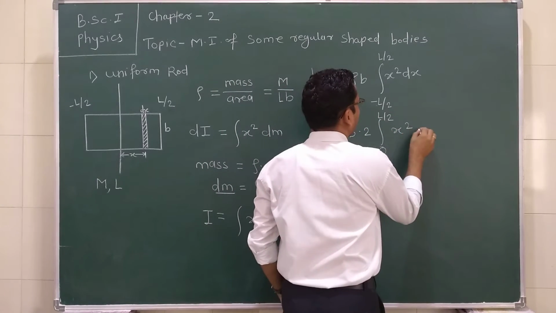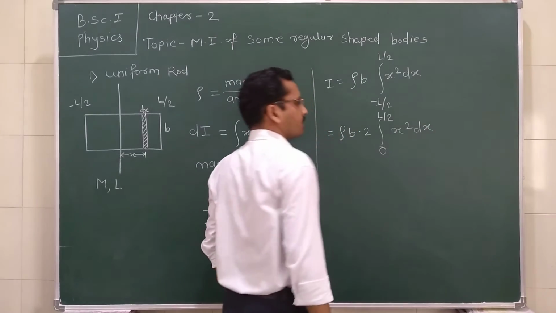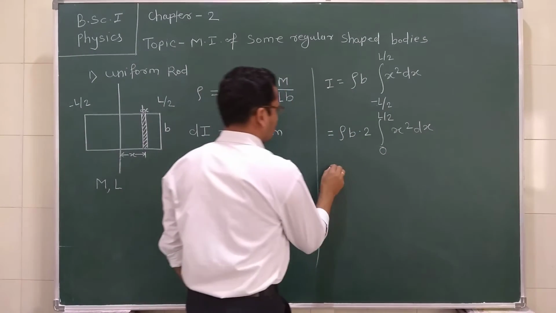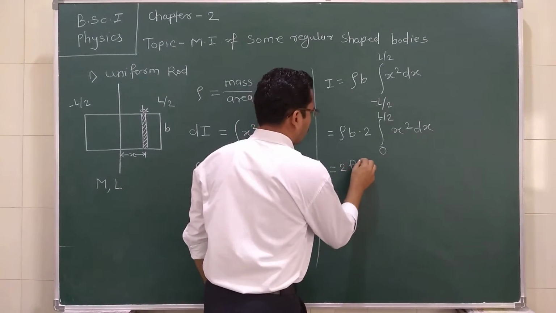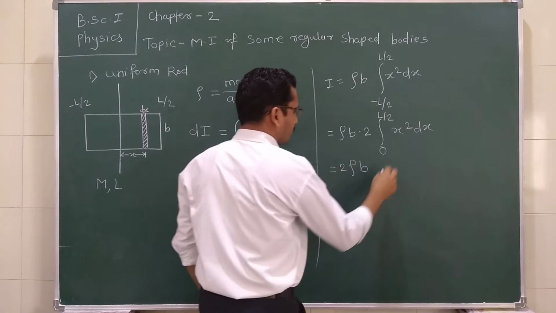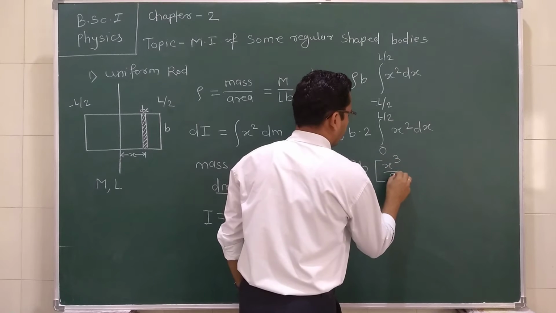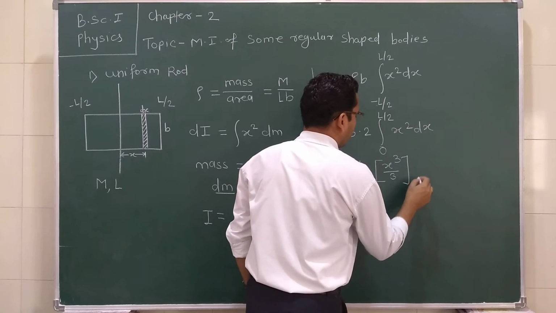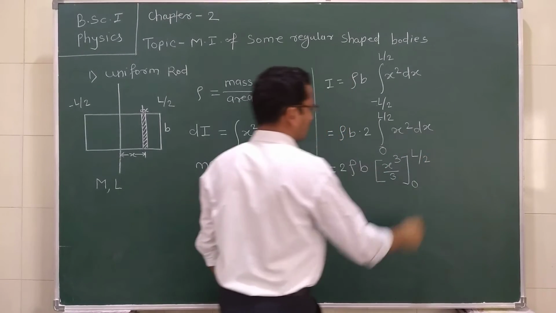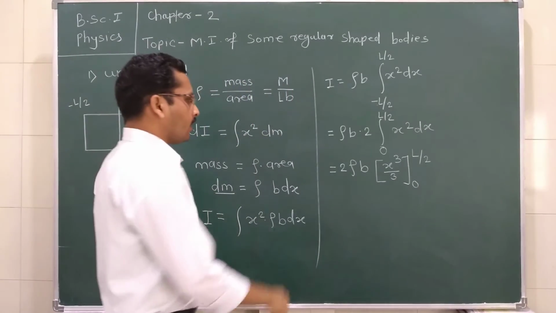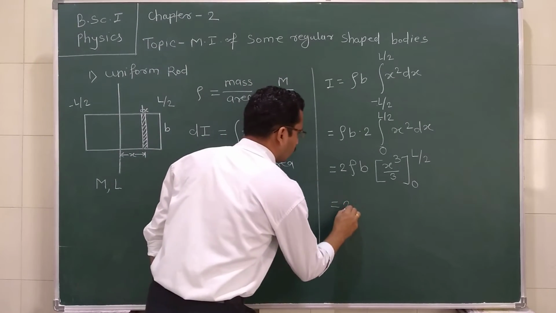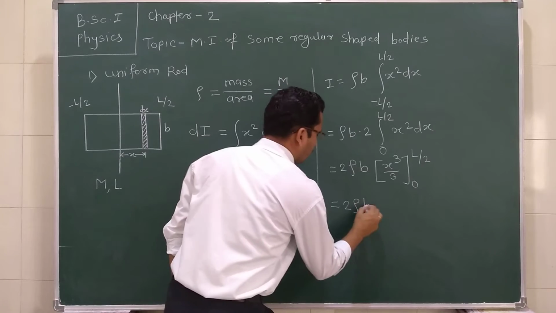So it is x square multiplied by dx. So this is 2 rho into b. What is the integration of this? The integration of this is x cube divided by 3, with the limits 0 to L by 2.